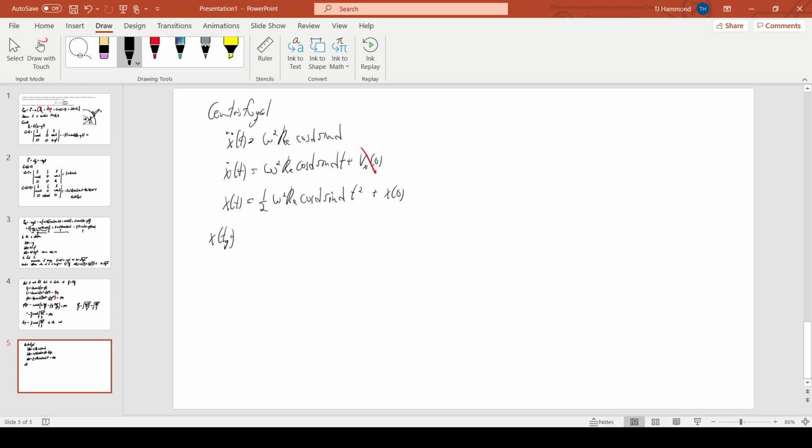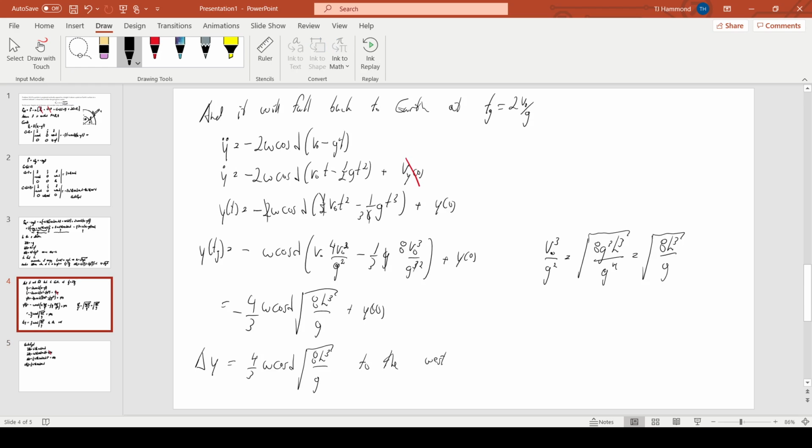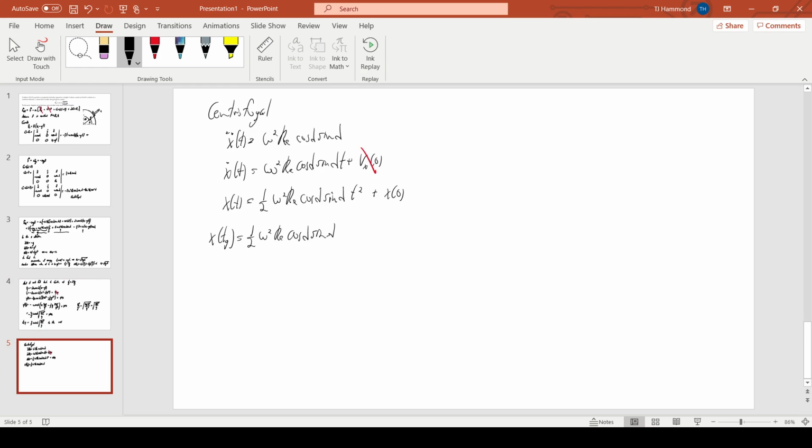X of t_g is going to be 1/2 omega squared times the radius of the Earth cosine lambda sine lambda. And then what we had before was t_g is 2 v naught over g. And so this is going to be 4 v naught squared over g squared plus that initial position.